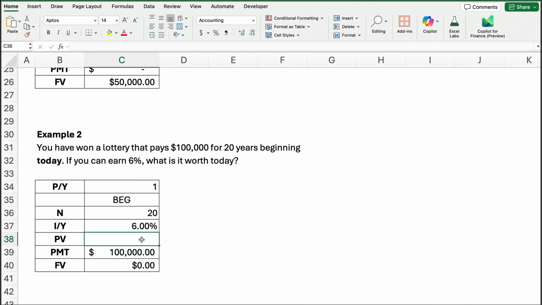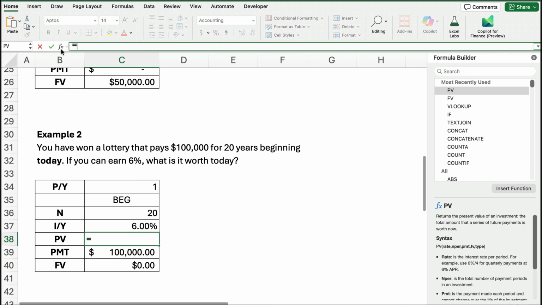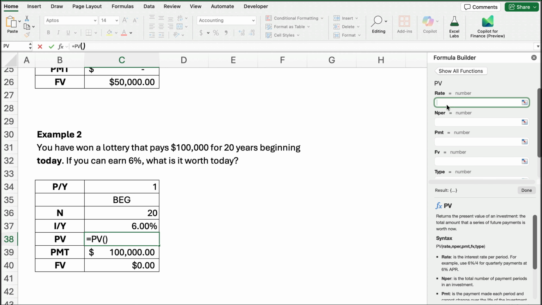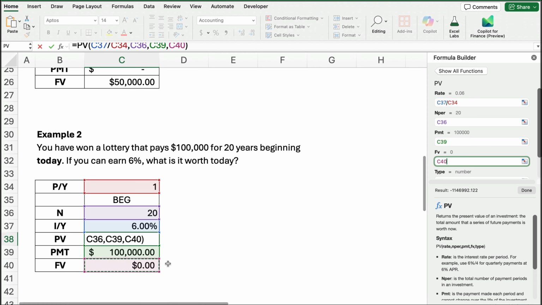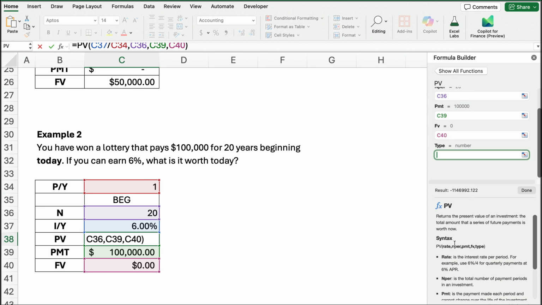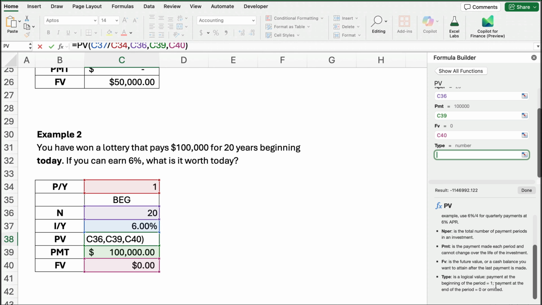So let's check our work with Excel here. So the present value is going to be the rate, 6%. The number of periods is 20. The payment is 100,000. The future value is 0. Now what we need to do for the type, it says the payment at the end of the period is going to be 0.